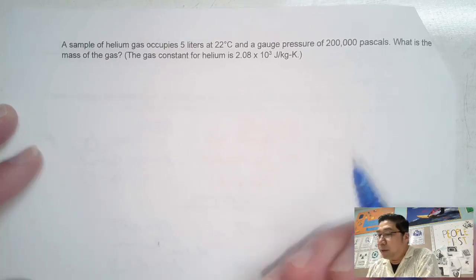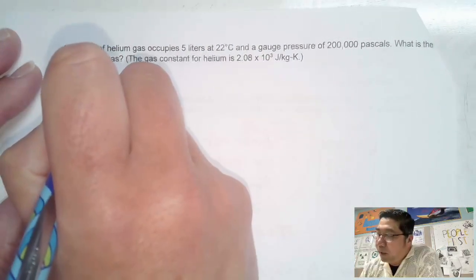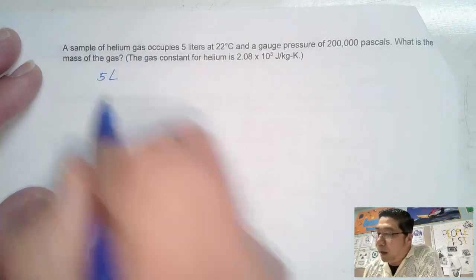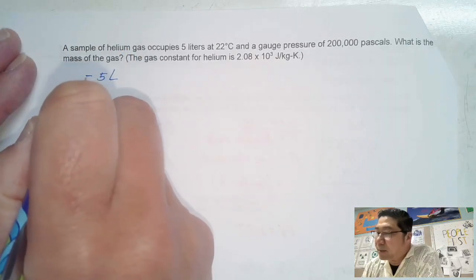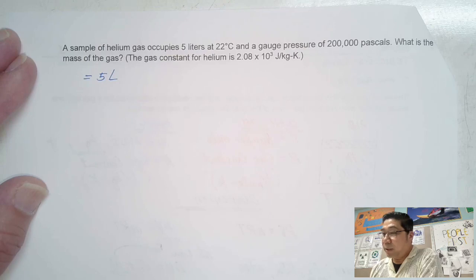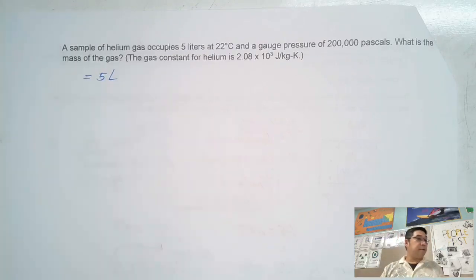Okay, so let's write it down. We have 5 liters, 5L. Is that volume or mass? So this is your volume.